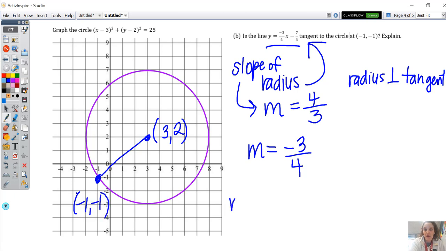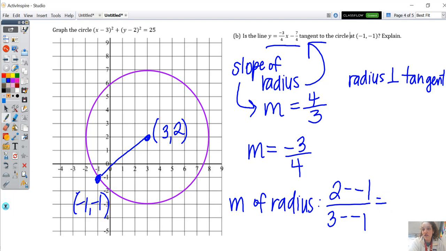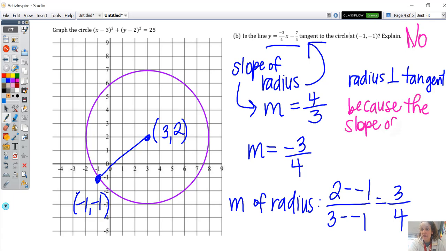So the slope of the radius is going to be (2 − (−1))/(3 − (−1)), which is 3/4, which is not the opposite reciprocal of −3/4. And so therefore the answer is no, because the slope of the radius and the slope of the tangent line aren't opposite reciprocals of each other.